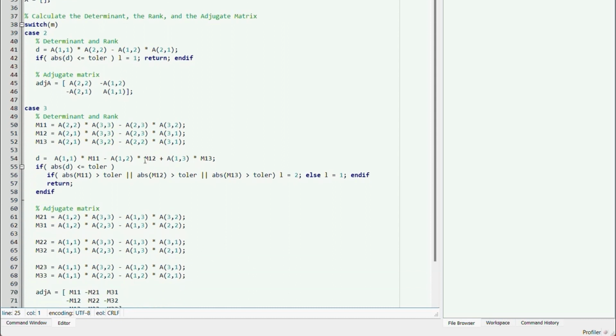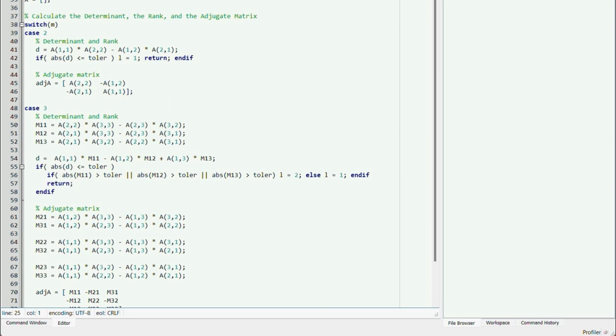In the case M equal 3, we calculate the minus of the first row, then the determinant, and in the case the determinant is close to 0, we calculate the rank by checking the minors. If at least one is different from 0, then the rank equals 2. Otherwise, the rank equals 1.